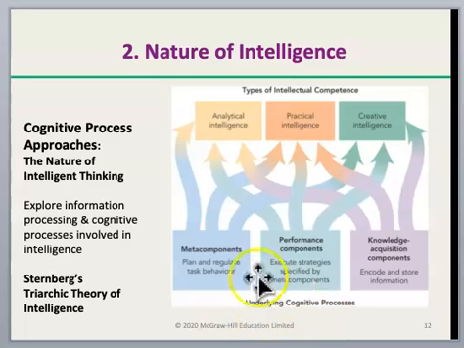These are the underlying cognitive processes to the different types of intelligence. So Sternberg believed that there was more than one type of intelligence. He believes actually that there's at least three. One is analytical intelligence, which involves the kind of academically oriented problem-solving skills.